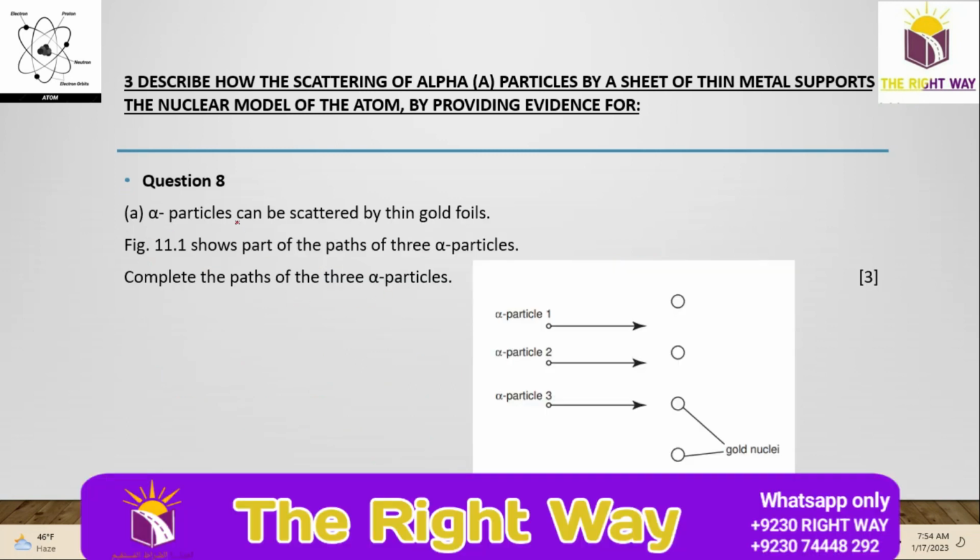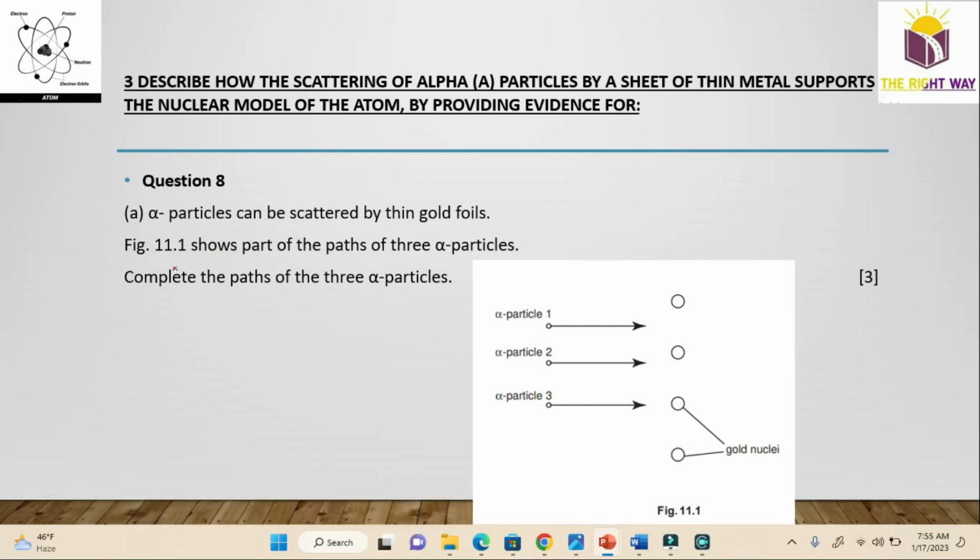Alpha particles can be scattered by a thin gold foil. Figure 11.1 shows part of the path of 3 alpha particles. Complete the path of the 3 alpha particles. The one away from the gold nucleus passes straight through. The one close to the gold nucleus bends away. The one going to the center of the atom will reflect back.